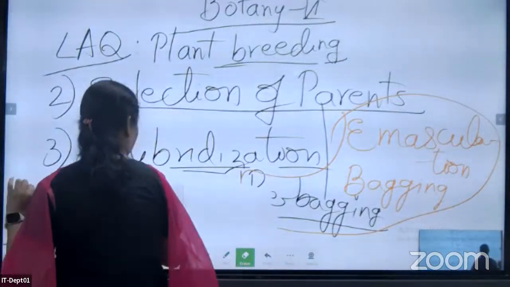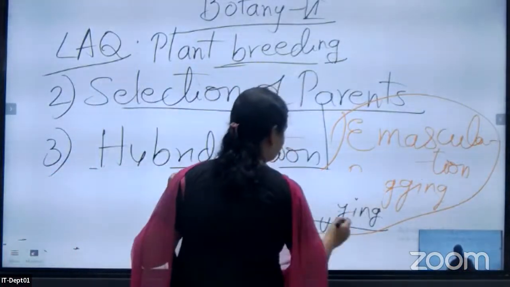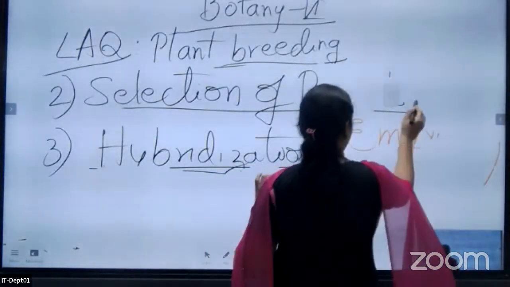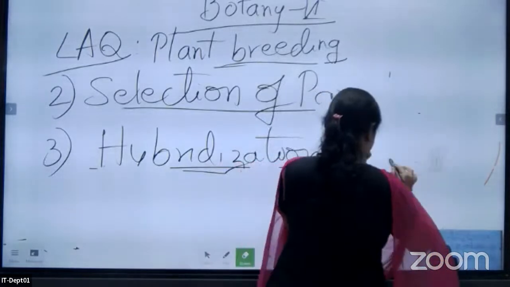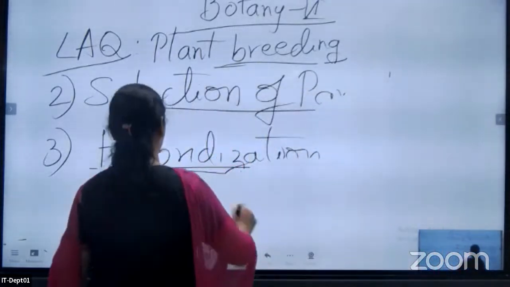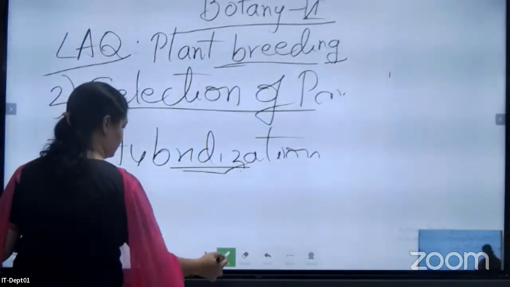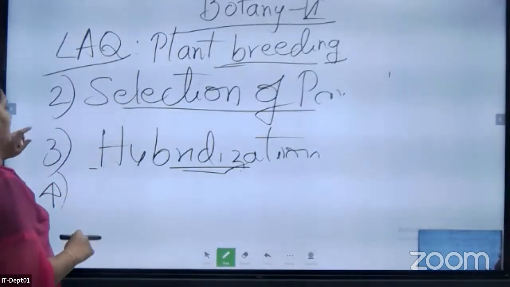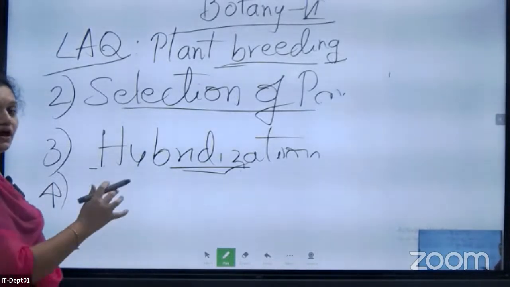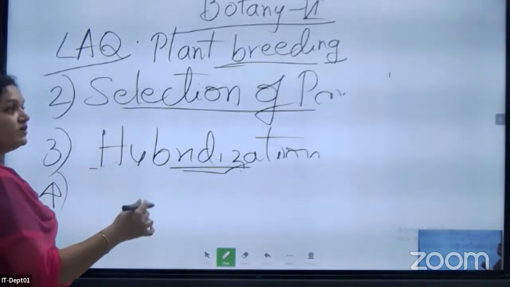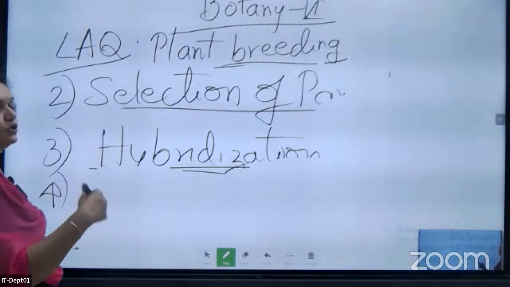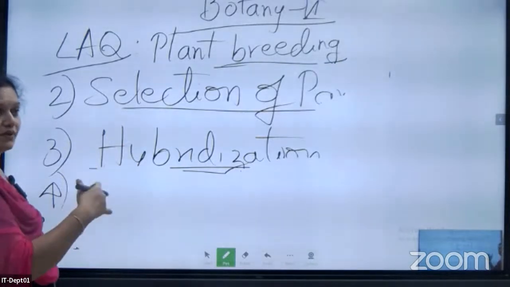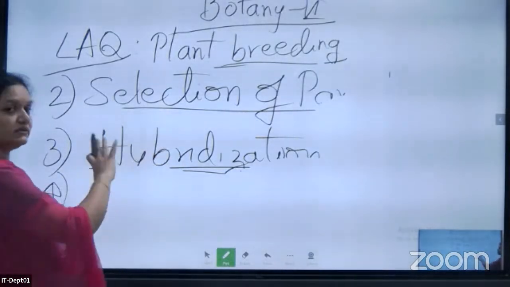Now comes the fourth step. What will we do in the fourth step? After the hybridization, what do we have to do? We have to select, otherwise we have to grow them in the normal environment, and we have to collect the seeds from the plants where we have done the hybridization.